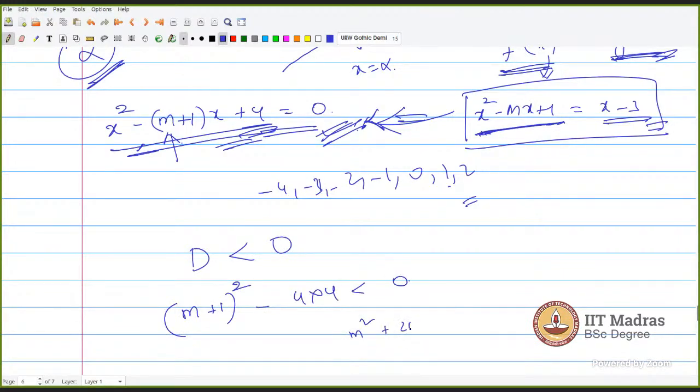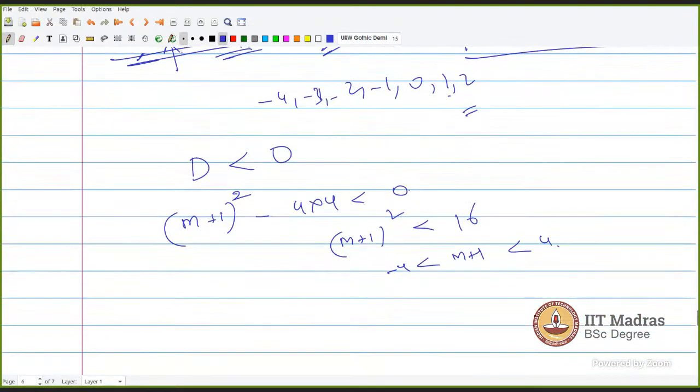So (m plus 1) whole square should be less than 16. So m plus 1 should be between -4 and +4. From this we get -5 less than m less than 3. So your m should be between -5 and 3. So that is what you will get.